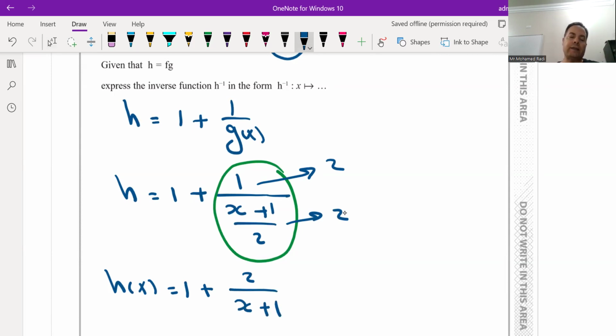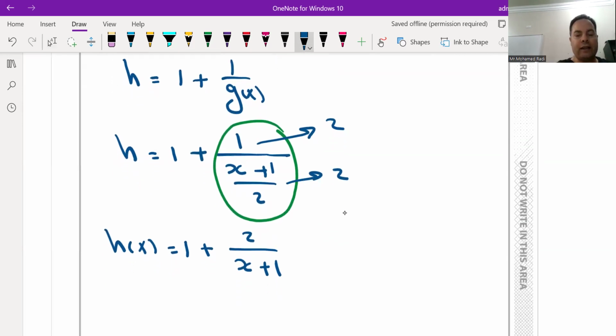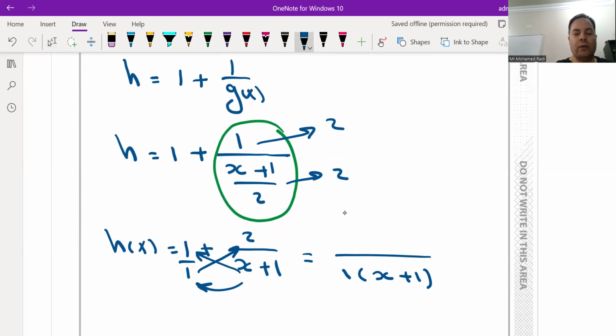And also you can simplify it more by writing it as a single fraction. How? Let's say 1 over 1. So the common denominator is 1 multiplied by x plus 1. So the numerator will be 1 times x plus 1 plus 1 times 2.